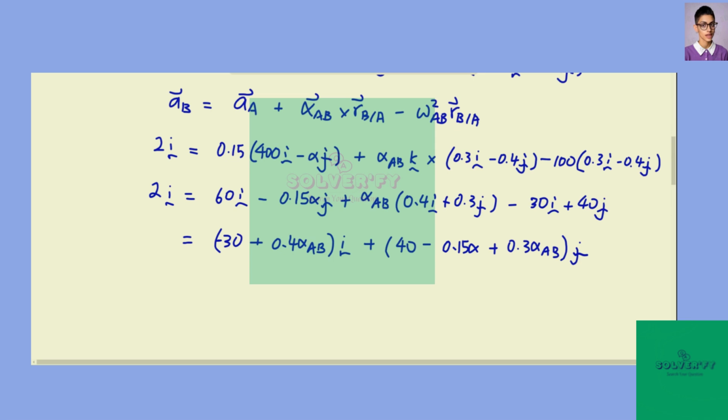Oh, yes, sorry, this is positive. 60 minus 30 gives 30. Okay, so comparing components.